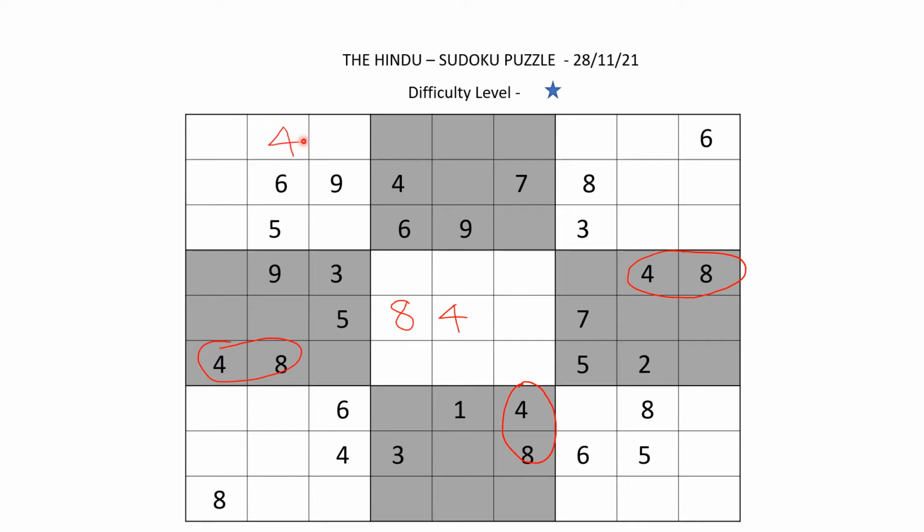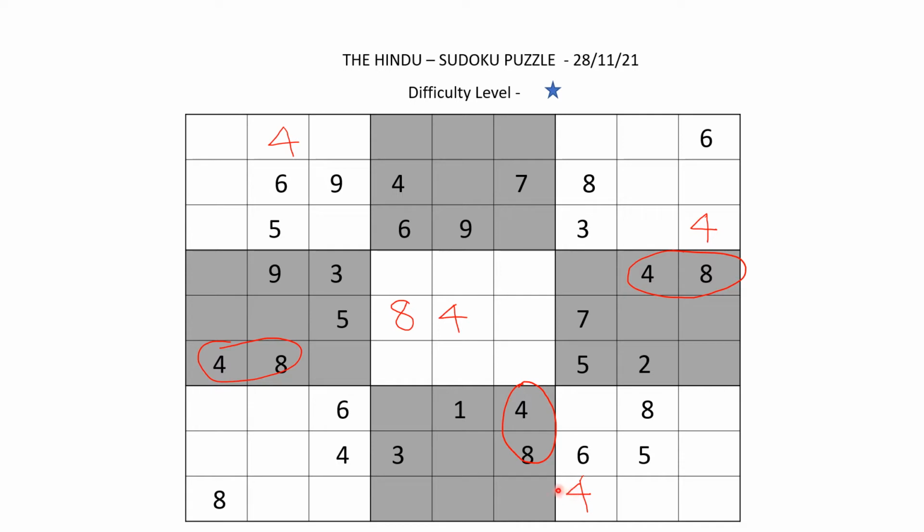Now this 4 blocks these cells, this 4 blocks these cells, and we have a 4 which blocks here. So here we get a 4. Now coming down, this 4 blocks these 3 cells, and we have this 4 blocking this cell, and this 4 blocks here. So this cell takes a 4. Now all the blocks have 4.